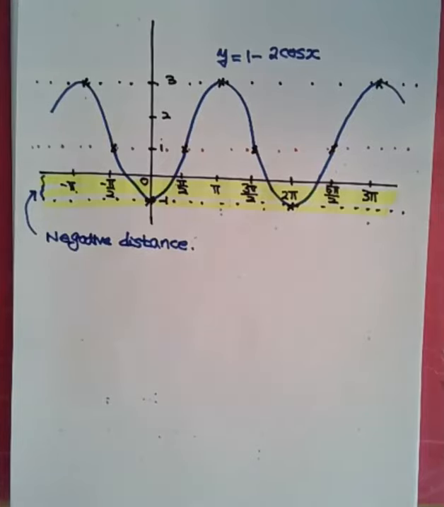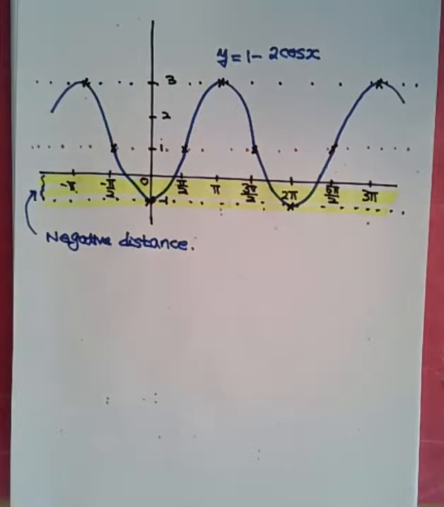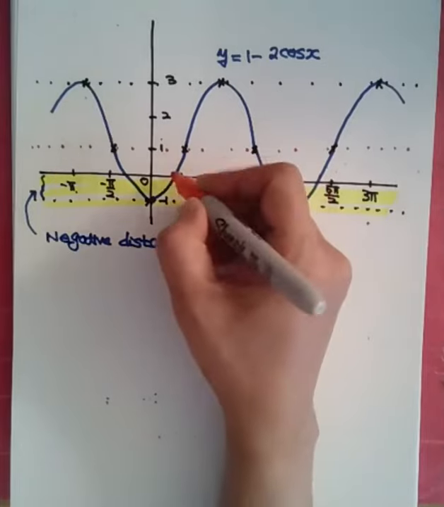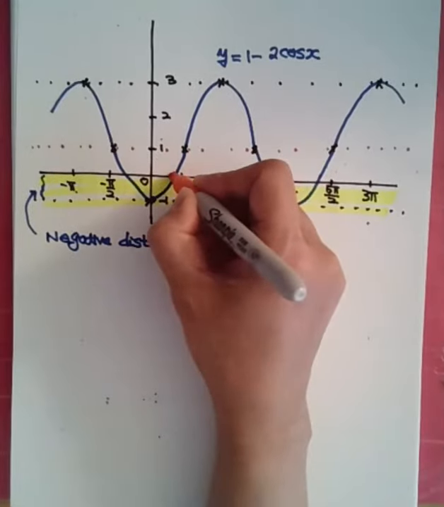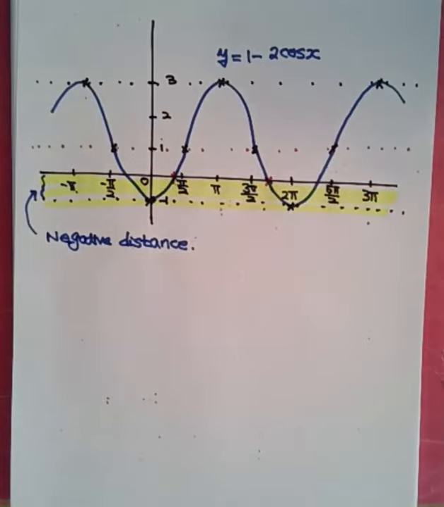And we have to clarify where the graph is negative by calculating the x-intercepts between 0 and 2 pi.